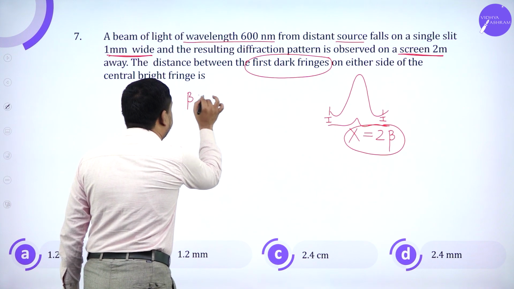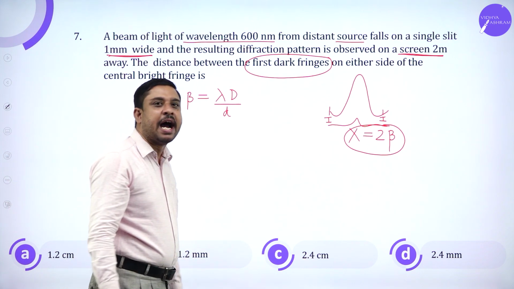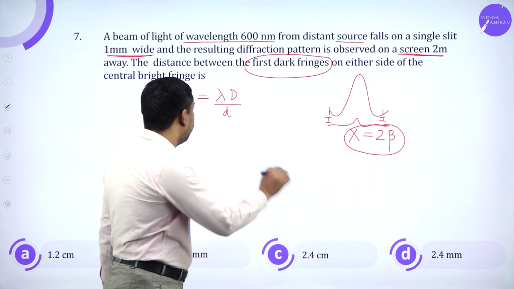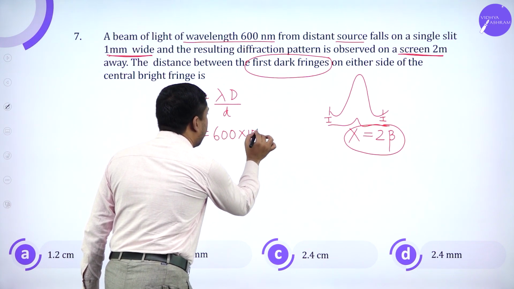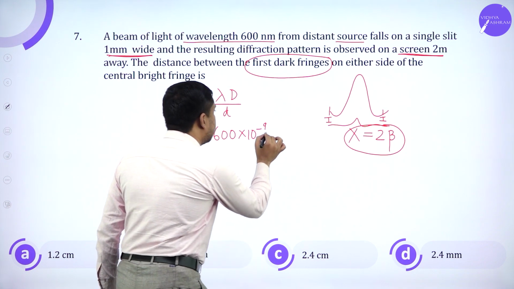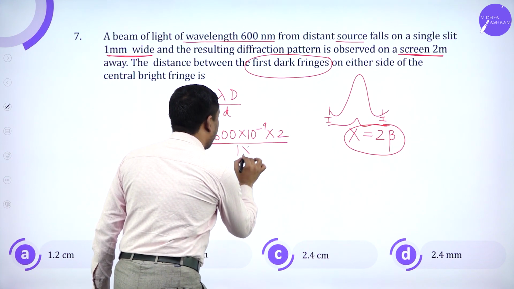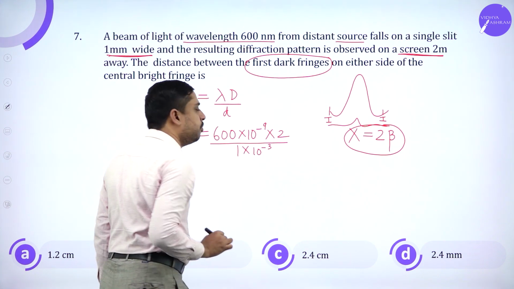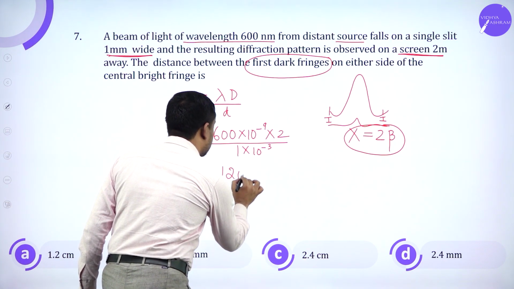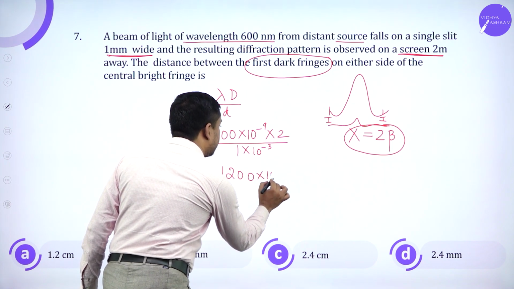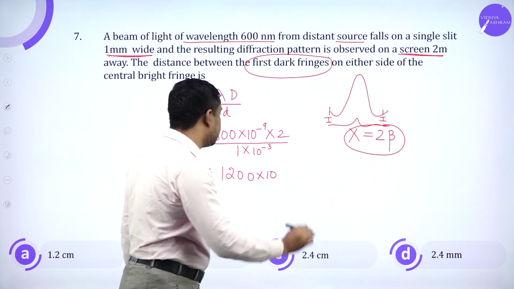Which means first I calculate beta, which is lambda capital D divided by small d, that is 600 into 10 power minus 9, capital D is 2, divided by 1 into 10 power minus 3. Or this is 1200 into 10 power minus 3 goes to the numerator plus 3.